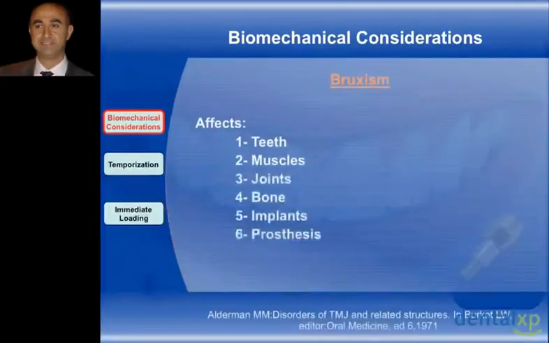When I start talking about abnormal or excessive occlusal overload regarding implants, I always tend to direct my thinking towards patients who have bruxism or clenching or grinding of their teeth, and how this amount of force can affect all our intraoral and extraoral organs, like the teeth, the muscles of mastication, the temporomandibular joints, the bone of the jaws itself, the implants, and the restoration on top of the implants, or even the teeth themselves.